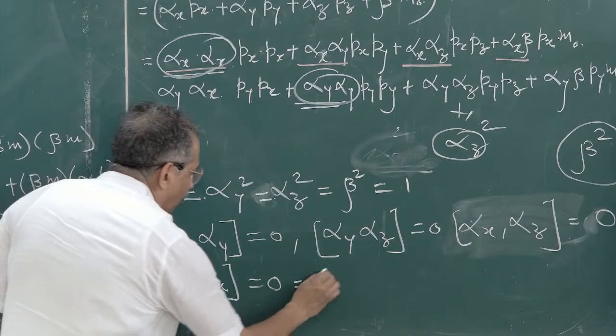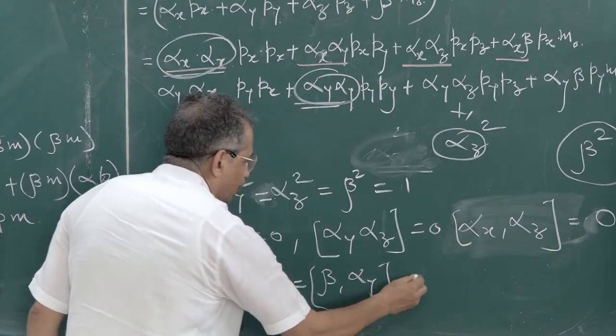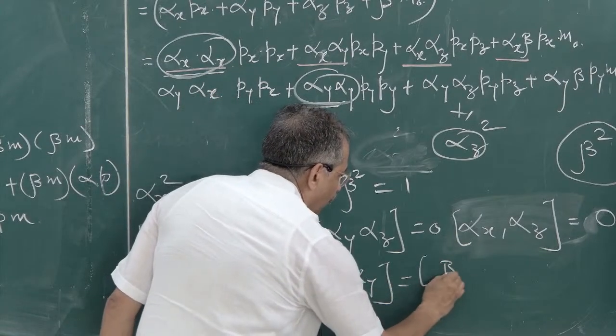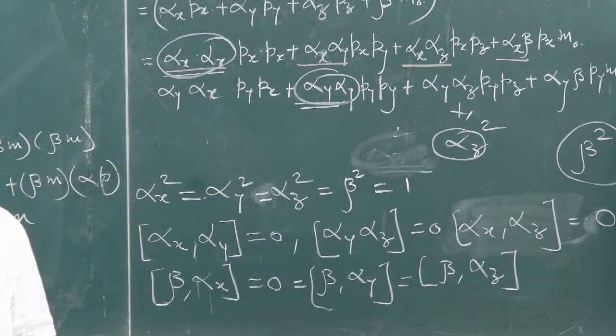Similarly, beta with alpha y should vanish, and beta with alpha z should also vanish. So this is the requirement.